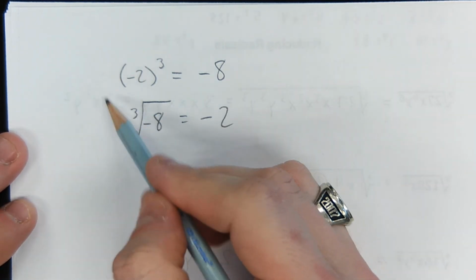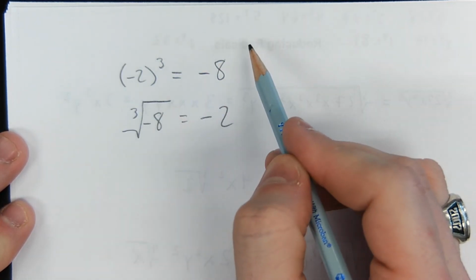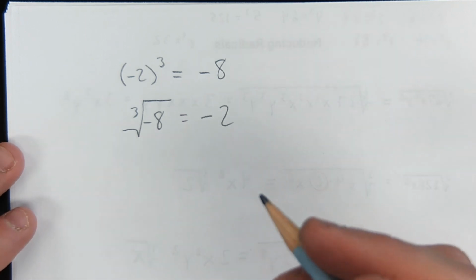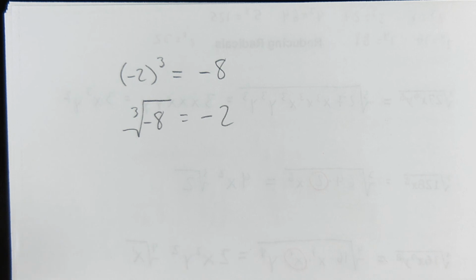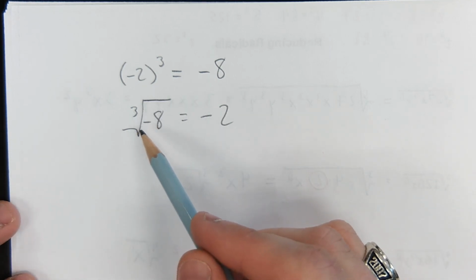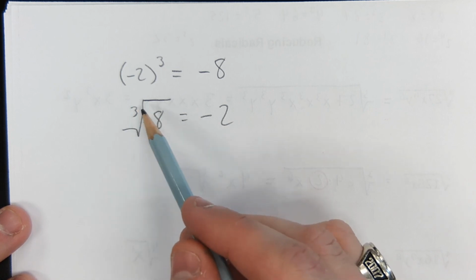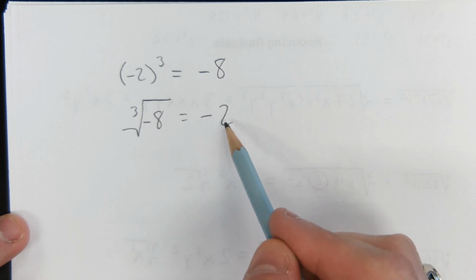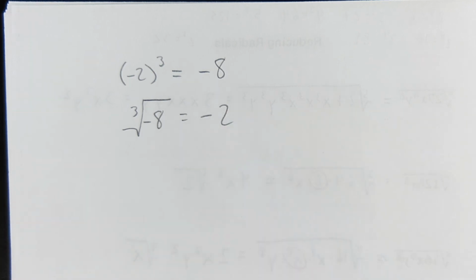Because it's an odd indexed root, and you're taking the odd root of a negative number, you will strictly get a negative result. Because an odd number of negatives is always going to be negative. That's why.